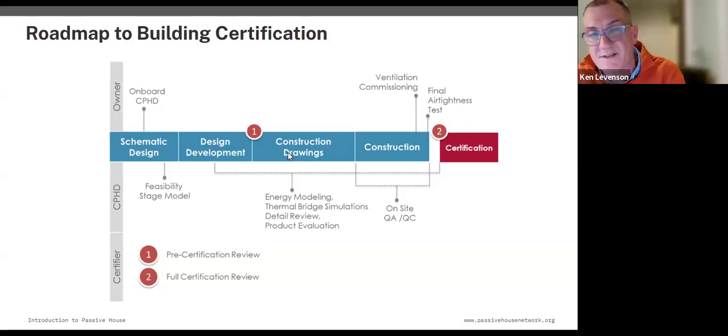But if you're substituting things in and out, you need to verify those against the energy model and test the blower door for the whole building and the ventilation testing and balancing to hit the numbers with that. I'll leave that there. The verification and everything is another presentation as well. But to say that it moves with the construction.